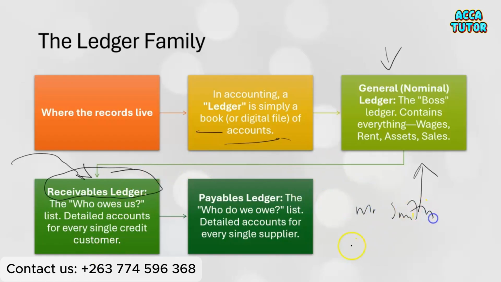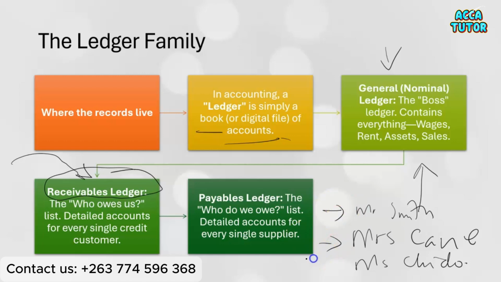This is just an example. Mr. Smith, Miss Kane, and Miss Chido. All right, so these are our credit customers, right? So the receivables ledger has got a separate page for Mr. Smith, separate page for Miss Kane, and another page for Miss Chido.